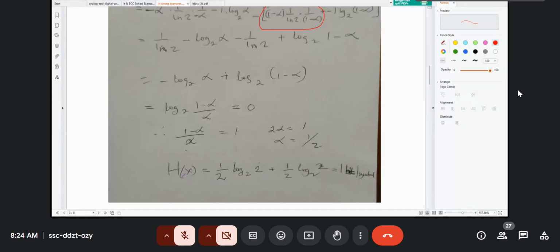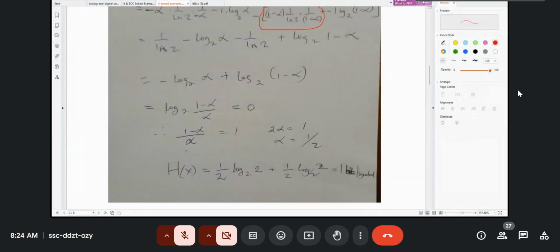And you can see the maximum entropy, that's what we are trying to look at. The maximum value of entropy, of course, will be when you replace alpha with a half.